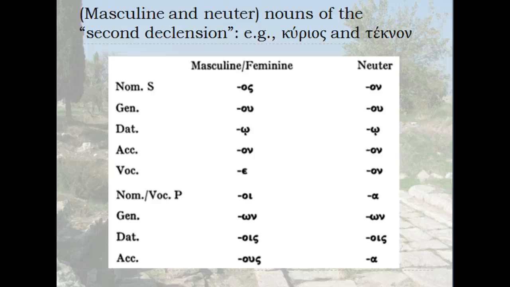It is the word of the Lord. Kurio, with the omega and its little iota subscript ending, probably to or for the Lord. Kurion, accusative singular ending. Lord, probably as direct object of this sentence that I'm looking at.